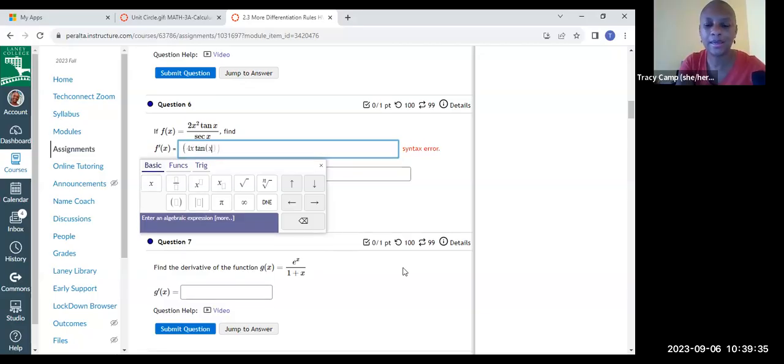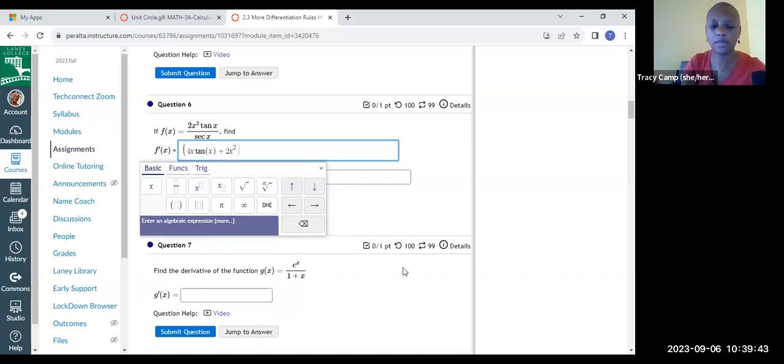And again, I recommend that if you are simplifying something, you're not required to simplify in this section at all, for the most part. In this section and most of chapter 2, you're not required to simplify.